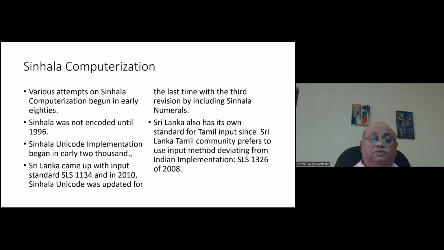Our fonts were done somewhere in 2000 to 2002. Some of those were actually done in my lab at the University of Colombo School of Computing in 2001 to 2003. And the full implementation, of course, happened somewhere between 2001 to 2003. Then we had the tsunami in 2004.